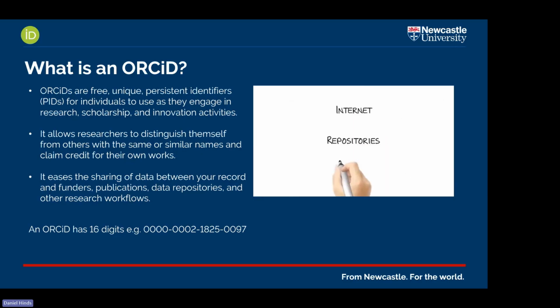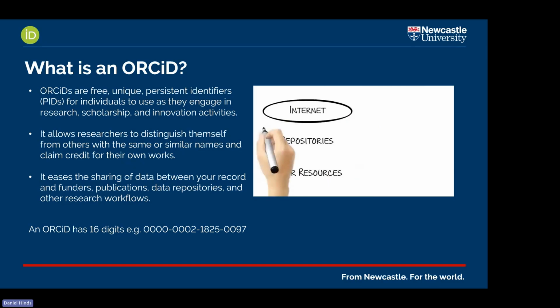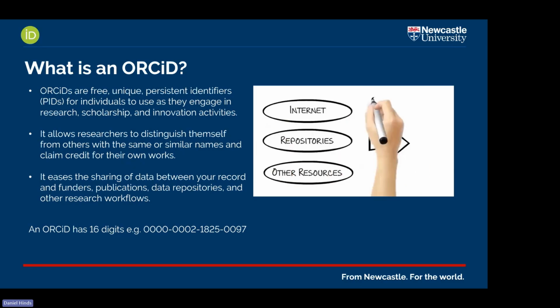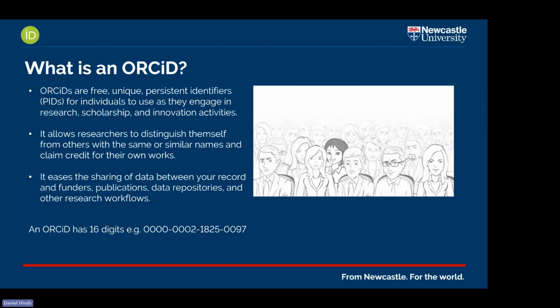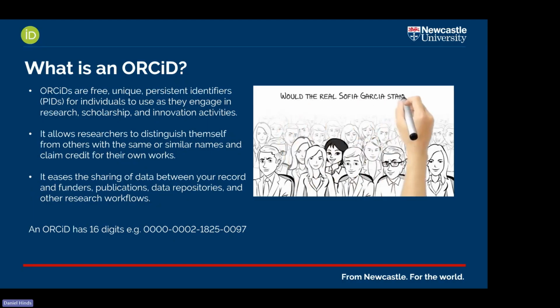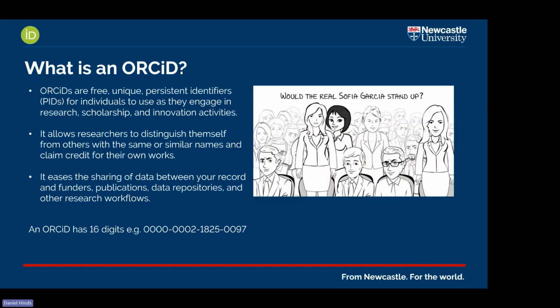The internet, repositories, and other resources can help answer some of these questions, but they all have the same core challenge. They attempt to link research activities and research based on the spelling of a person's name. As individual as we each are, our names are actually not that unique. Even in the same field or institution, there can be others with similar or even the exact same name.